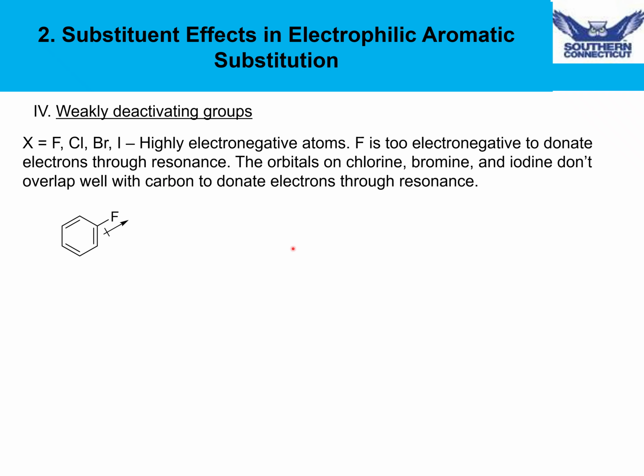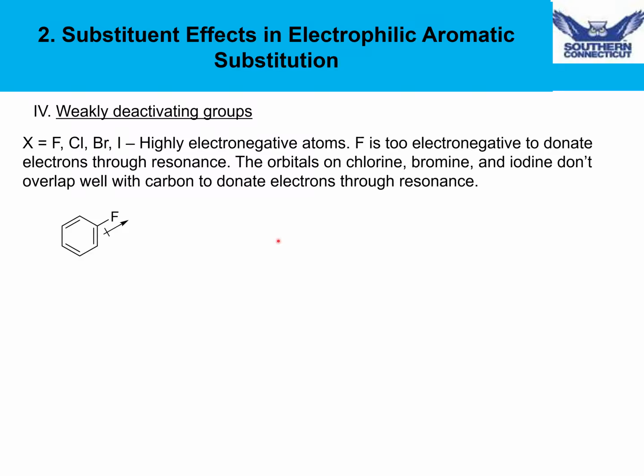Halogens in general are considered weakly deactivating groups. Fluorine is too highly electronegative to be able to donate electron density through resonance like an oxygen or a nitrogen in phenol and aniline. The other halogens don't match orbitals very well since they're lower in the periodic table, and so they are not able to donate electron density into a carbon, which would be a part of the aromatic ring.